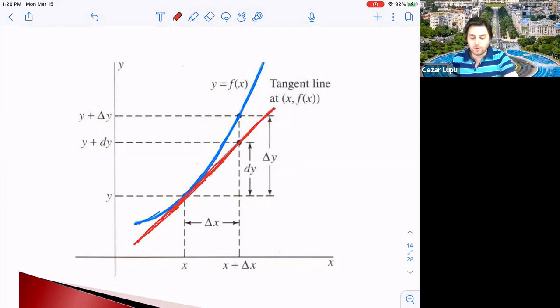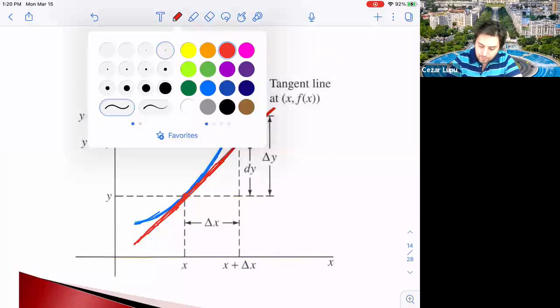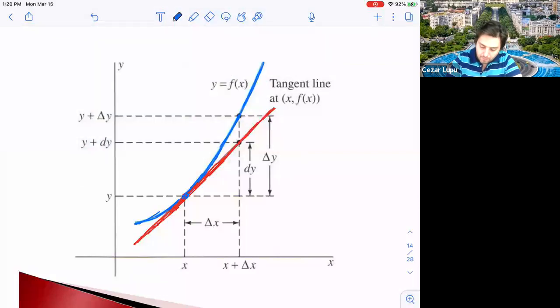That passes through the point of coordinates x and f of x, right? So that is the tangent line at the point x, f of x. We know how to write that. We have seen the equation of the tangent line. And now we're going to increment on the y-axis and on the x-axis.